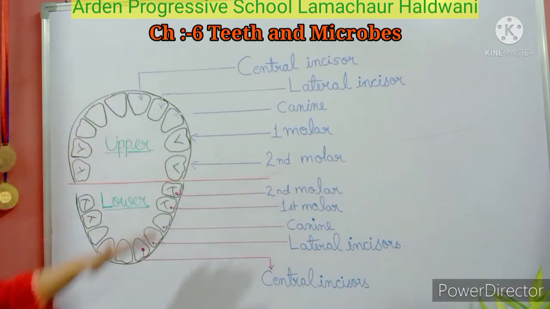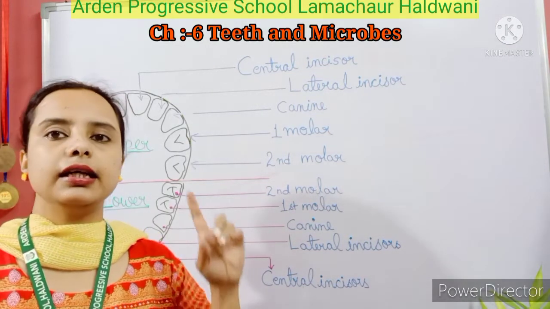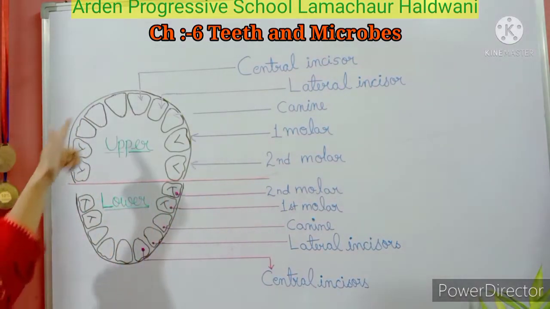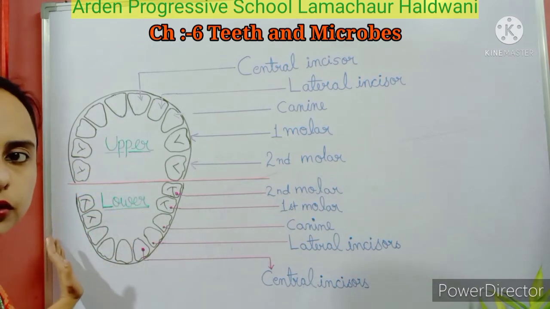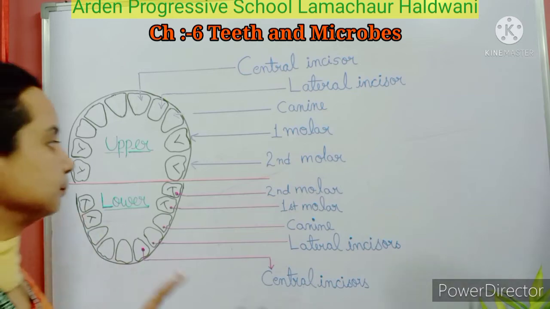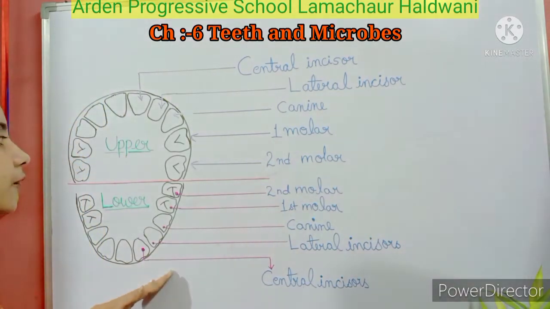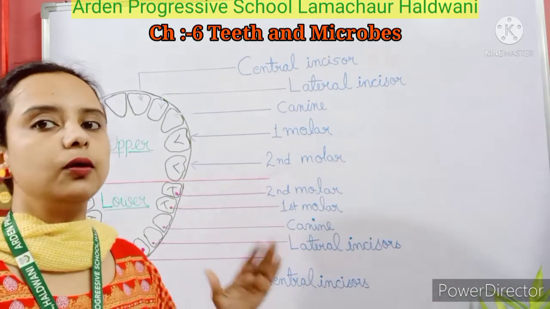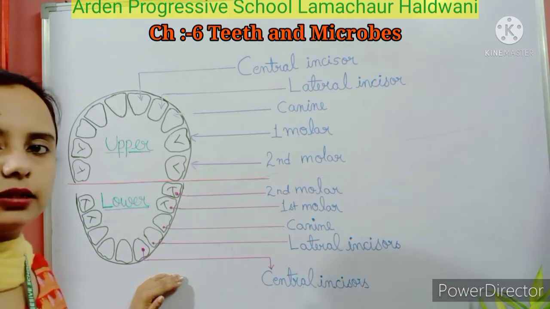If you count here, there are 20 teeth, 10 in one jaw and 10 in the lower jaw. This is the dentine structure of the babies, not of the adult.